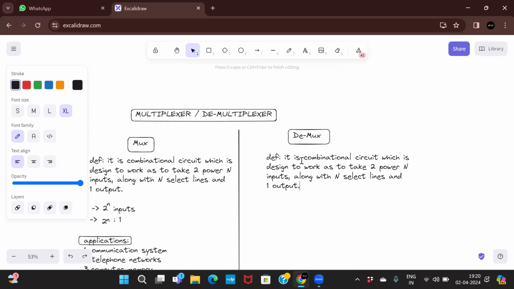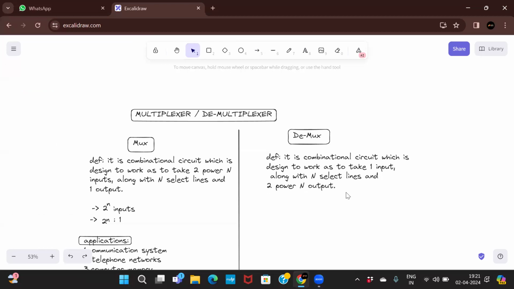It is a combination circuit designed to take one input along with n select lines and 2 power n outputs. So it is vice versa of mux.